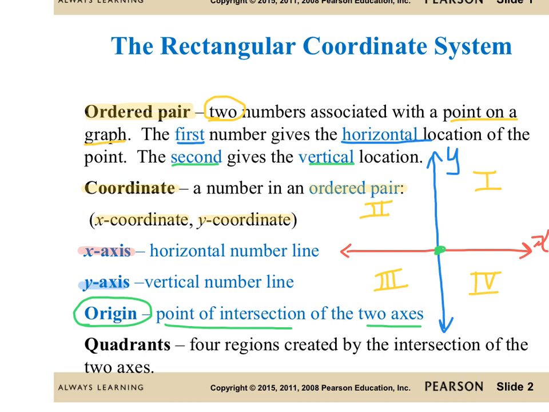And notice that we number them in what's called a counterclockwise direction. And they're called quadrants because there are four of them. Quad comes from quattro, or quad means four of something.